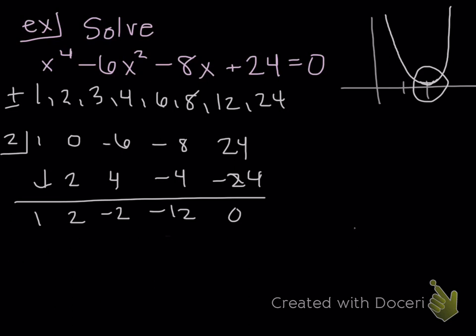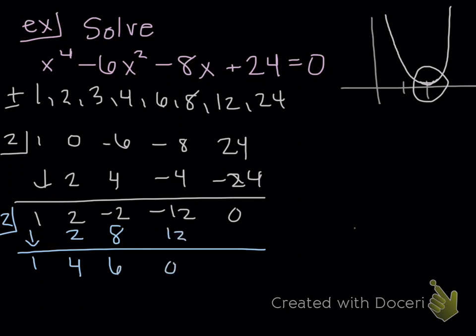And we're going to do synthetic again with the answer of 2. So I'm just going to continue this on with this new set of numbers. So I'm going to drop my 1, we multiply, we add, multiply, add, and multiply.